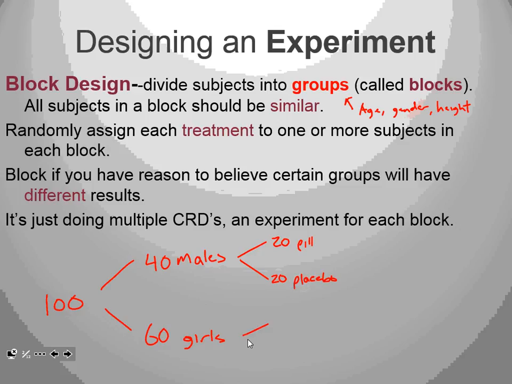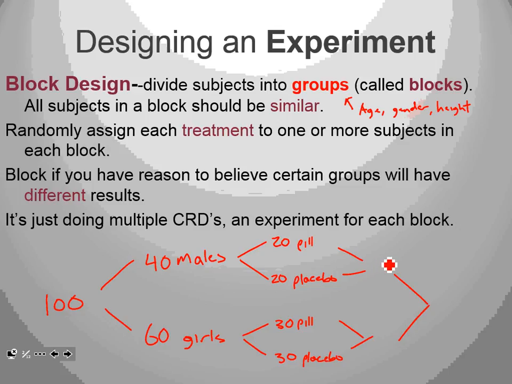Of the girls, we would randomly assign 30 of them to get the medication and 30 of them to get the placebo. Then we'd be able to look at the results for each of the groups, and then we'd be able to look at the overall results.